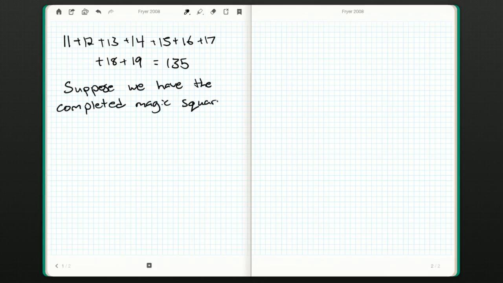So suppose we had the completed magic square sitting here: A, B, C, D, E, F, G, H, I.